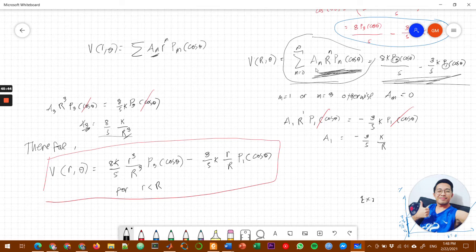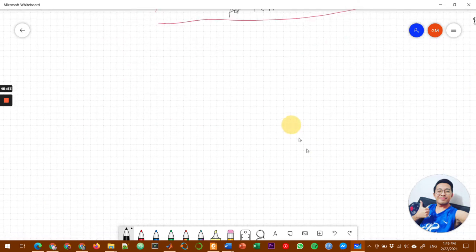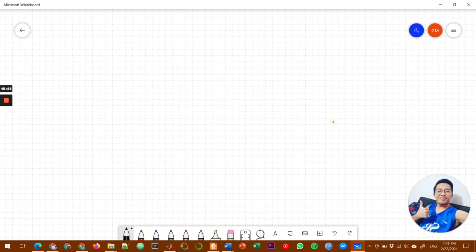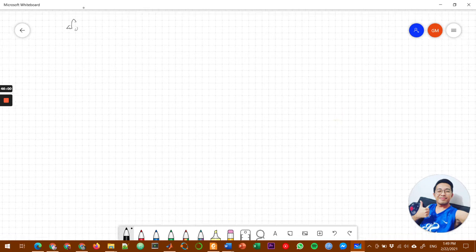Okay? Now, patanawhuman. How about for the potential outside the sphere? So r greater than R. So let's find out. So for r greater than R, meaning for potential outside, balik ta sa atong solution, sa atong general solution.